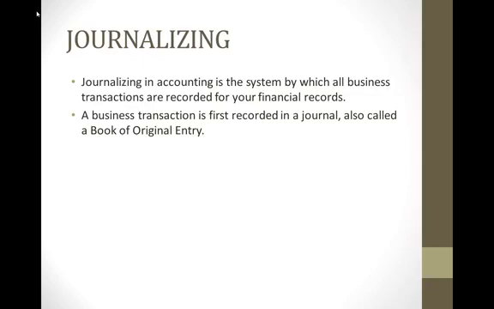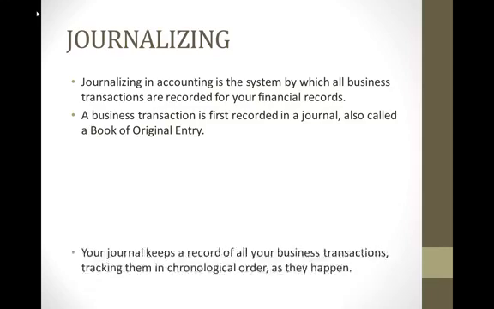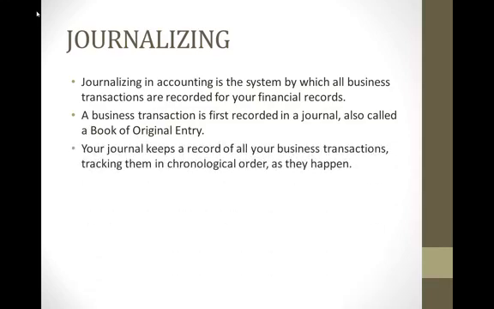By the way, journalizing is the second step in the accounting cycle. Your journal keeps a record of all your business transactions, taking them in chronological order as they happen. Journalizing provides a chronological order of transactions.